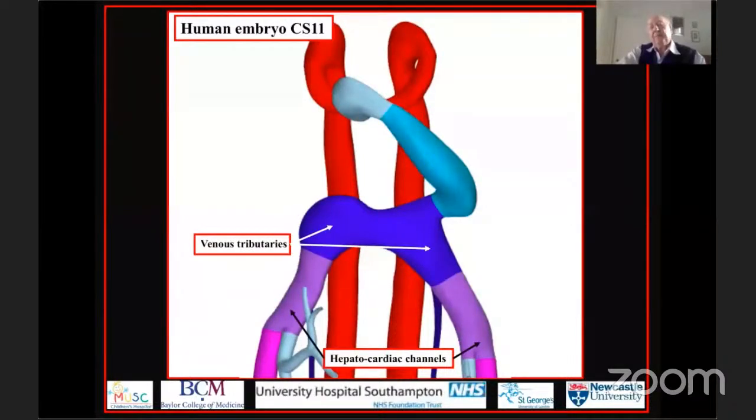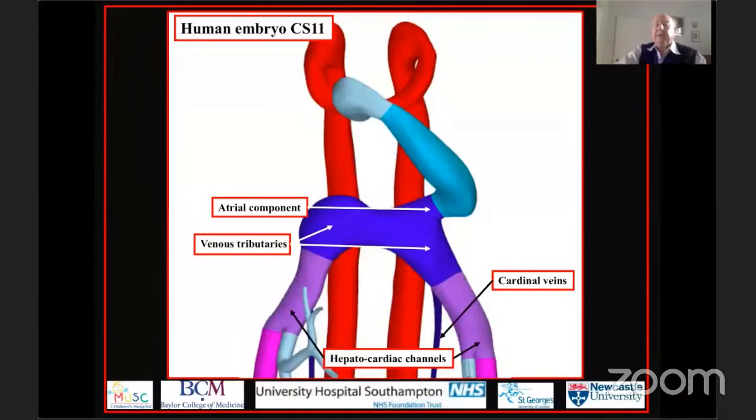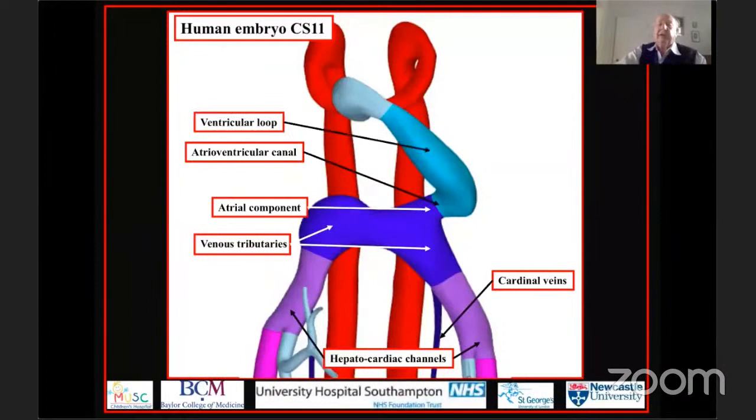And they are forming bilaterally symmetrical venous tributaries. As in the mouse heart, we can see that they are coming together to form what will be the atrial component of the eventual heart tube, which, as you saw, gives rise to the atrioventricular canal to the ventricular loop.